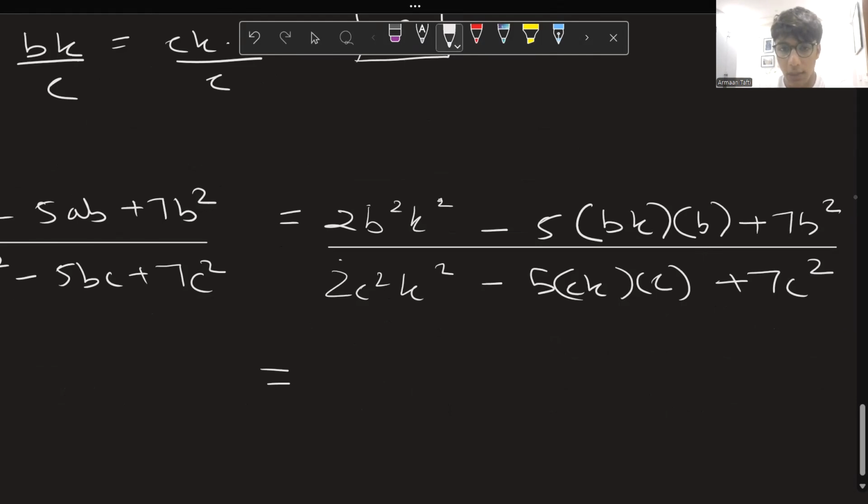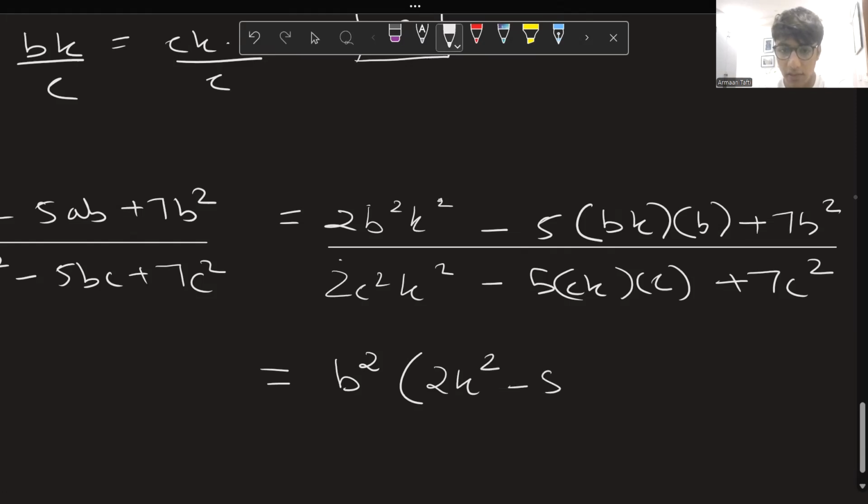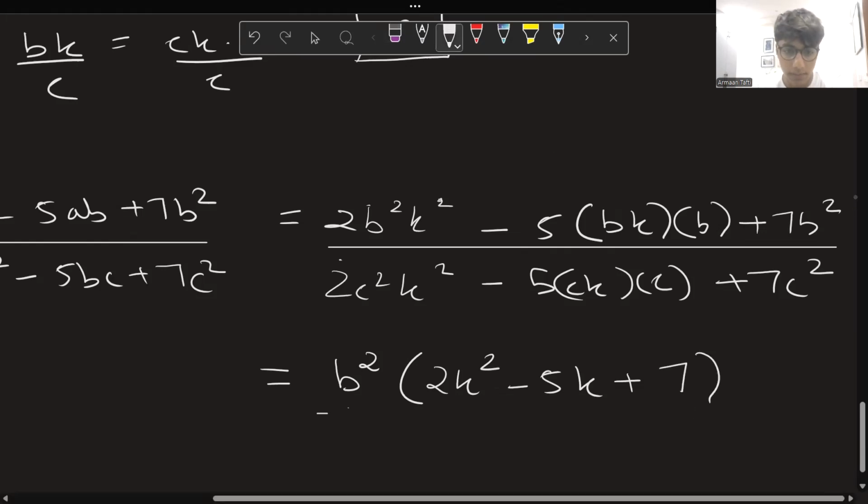Now over here, you can see that b square is there everywhere, right? So let's take out b square common from the entire equation. If I take b square out common, I have 2k square, I have a minus 5k here, and I have a plus 7 there, right? That's the same with the numerator now.